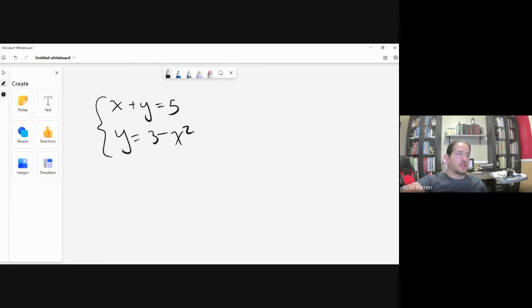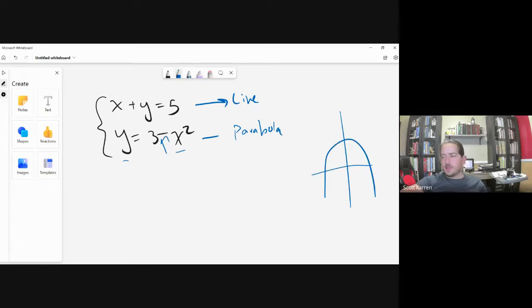All right, so visualizing what we have, this first one is a line. It's a linear equation. But the other one is a parabola because I have this y equals x squared. And so, again, I have three options, right? It's an upside down parabola because it's a negative x squared. So that'll look something like that. Wherever that ends up being, it doesn't matter.